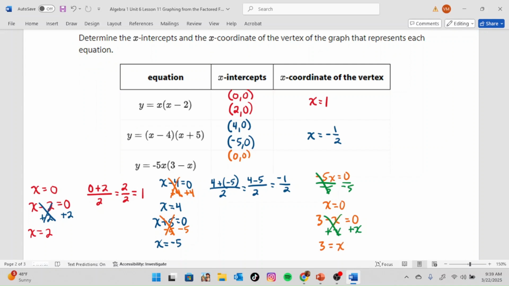So we know that our other x-intercept is at the point 3, 0. Now we can add these together, 0 plus 3, and divide by 2, which is 3 divided by 2, which is 1.5. So we know that the x-coordinate of the vertex is at x equals 1 and 1/2.